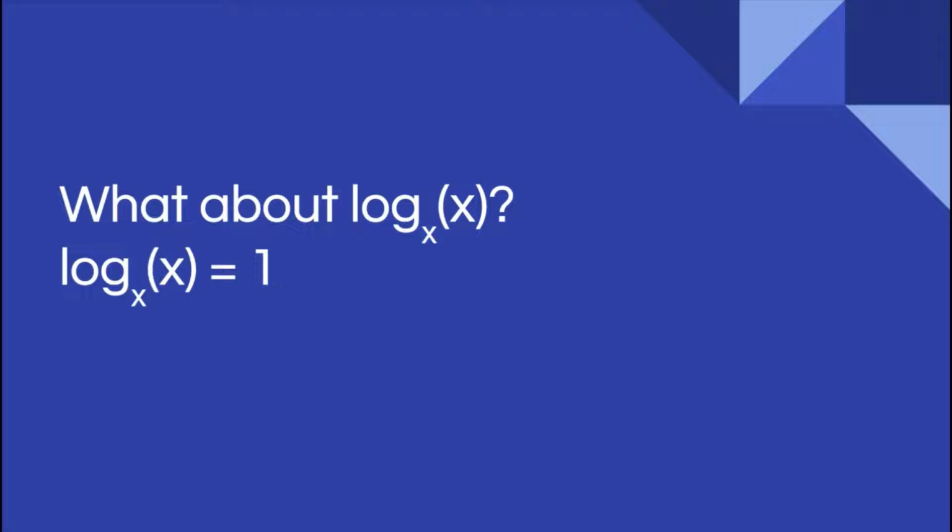But a slight variation on this is log to the base x of x to the k. So what power do I have to put x to get x to the power of k? The answer is k, because x to the power of k is x to the power of k. This is important to remember.